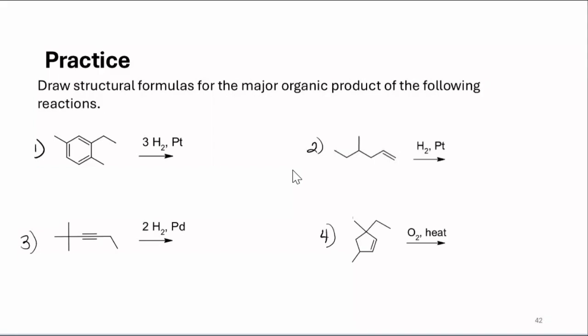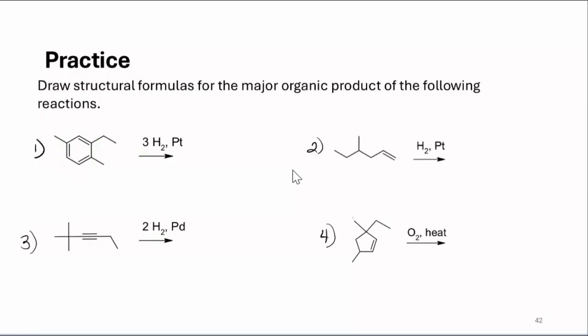First, let's identify what will be the product of the reactions for 1, 2, and 3. In number 1, we have a benzene ring, and there's no other functional group in it. We just learned that benzene rings are resistant to hydrogenation conditions. So it doesn't matter that here it says 3.